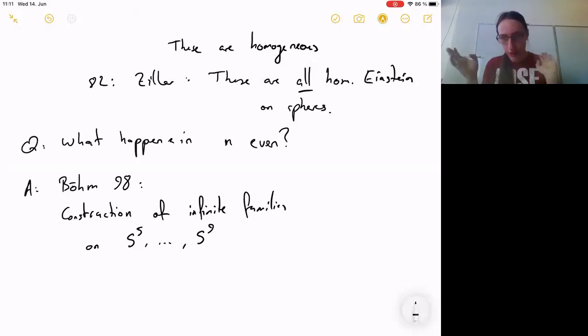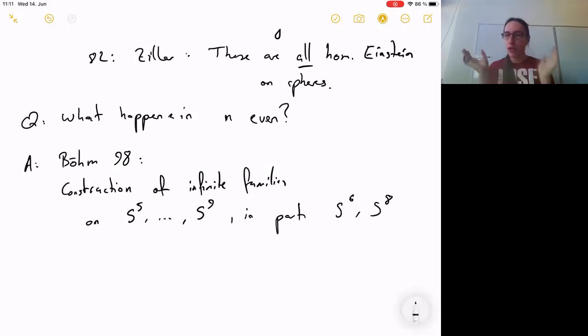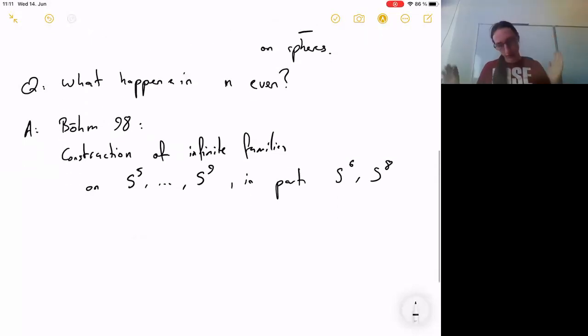And of course, as you will be aware, the numbers between 5 and 9 contain even integers. Yeah, so in particular, S6 and S8 carry non-trivial Einstein metrics. Yeah, so that's maybe no uniqueness in general.